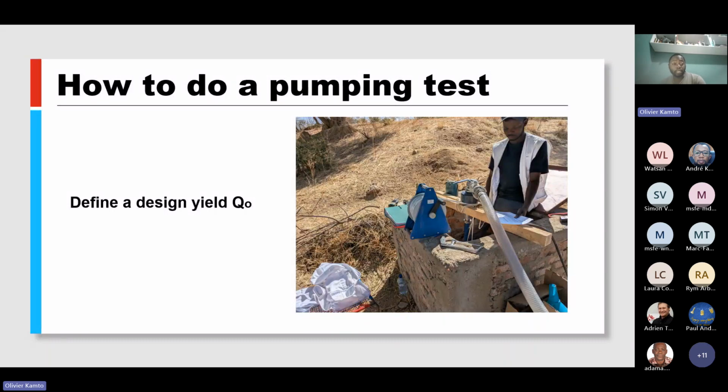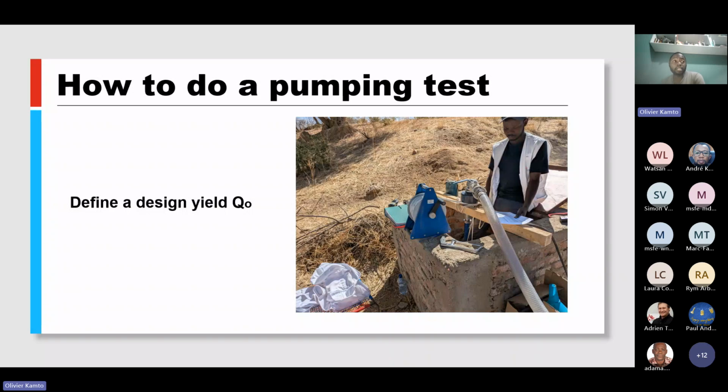Another method which we can use is to run first what we call a dimension test, and we get this figure arbitrarily. We run the dimension test, and then we see if it's okay and if it can cover the design needs that we have defined. We can then decide to use this as a design yield.